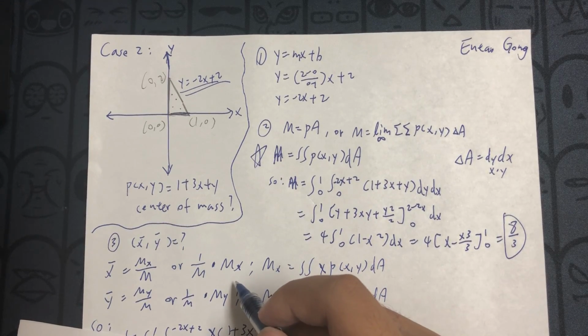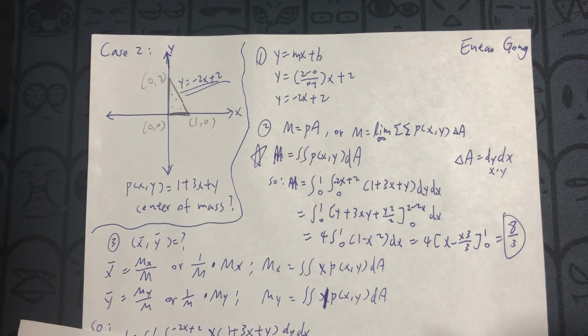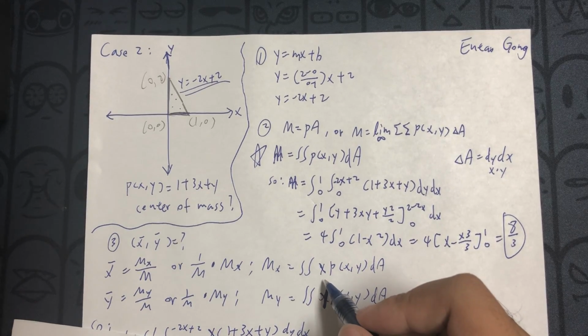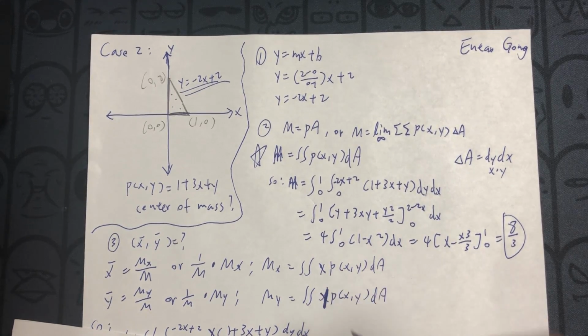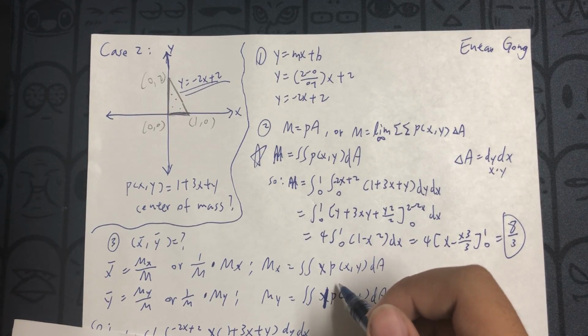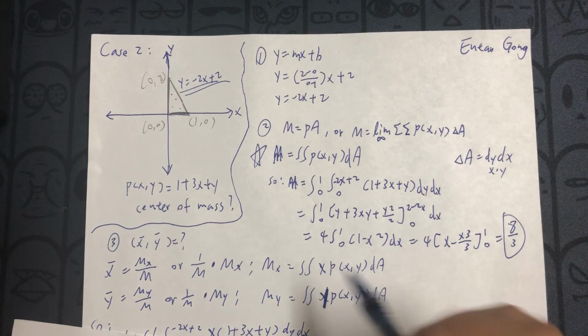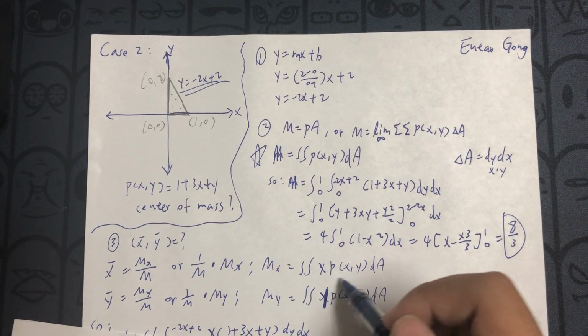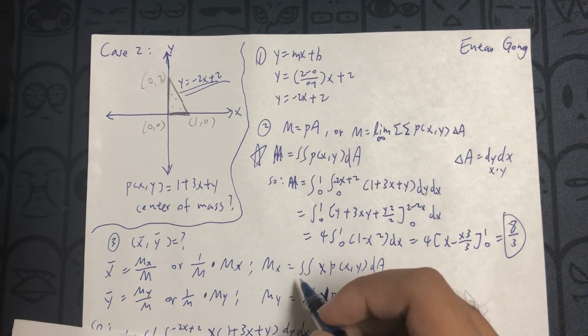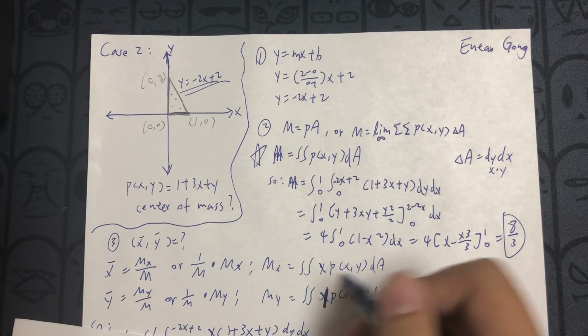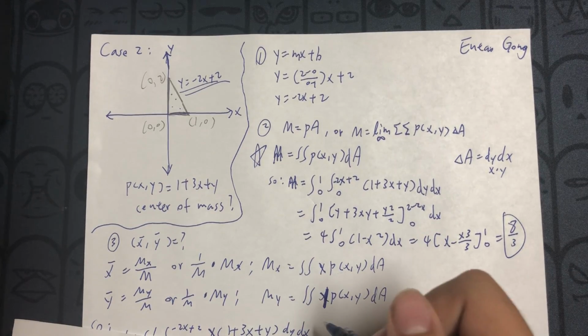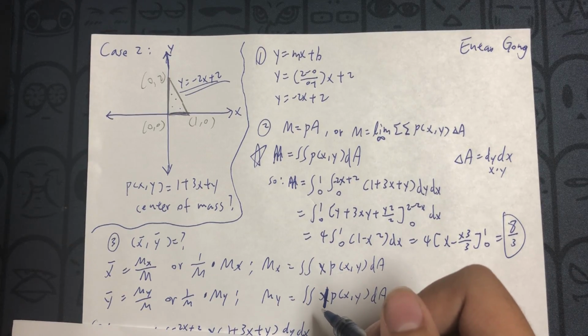Mx is the total moment of every point about the axis. To calculate x, you need to put the x inside the double integral. So also, same here, density times area, but with respect to x, so you need to put it here. So this is the double integral for Mx, and My is also the same.